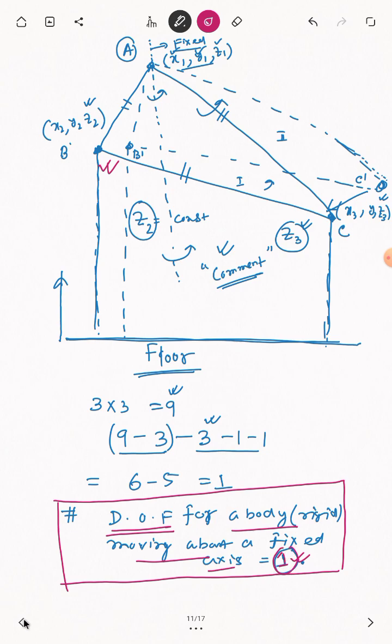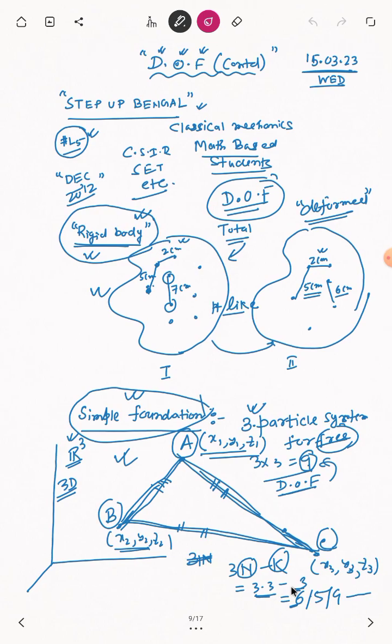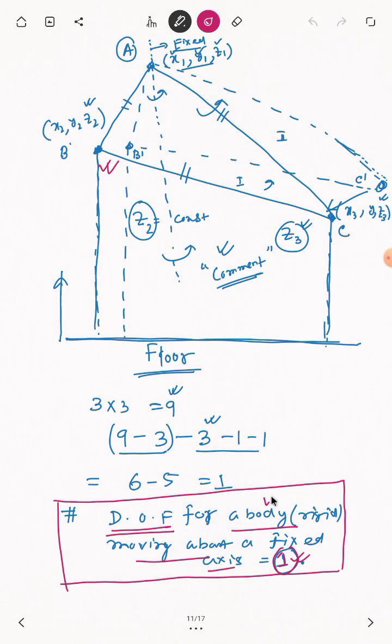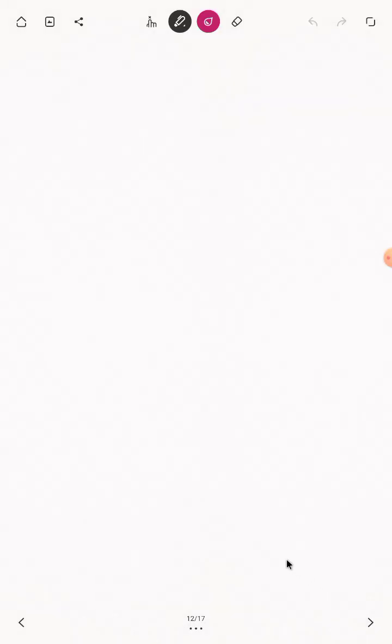And for a 3 particle system, we have already seen that this is 6, not 5, not 9, this is 6, because 3 into 3 minus 3, that is 6. So for a rigid body, DOF will be 6, and for a rigid body rotating about an axis, this 6 is further reduced to 1. So these two are very important results for any kind of exam.